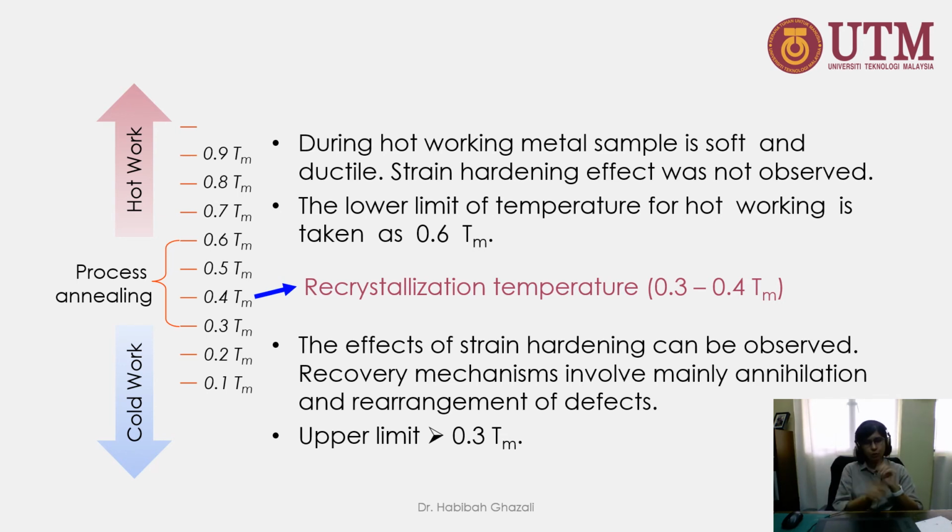So we get to shape them, and we get to increase its mechanical properties as well through cold working. And after cold working, we heat treat them and we can restore some of their ductility.